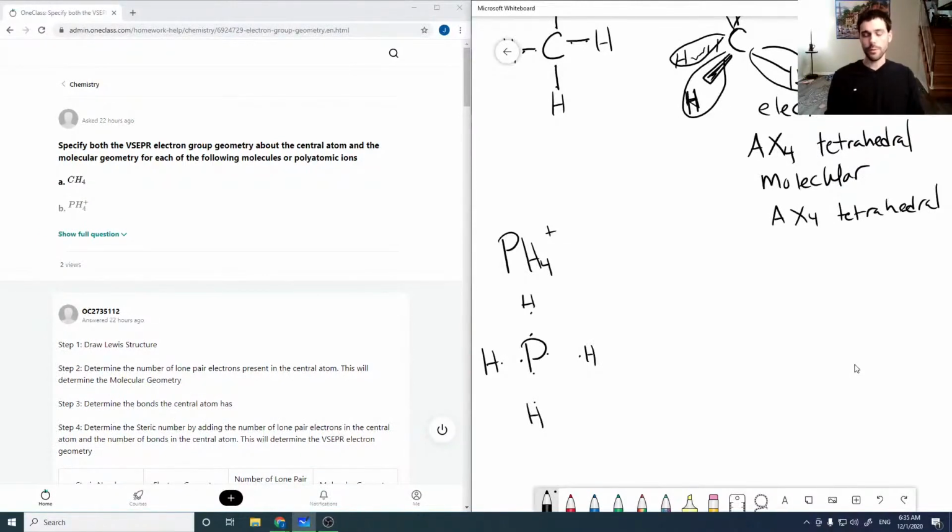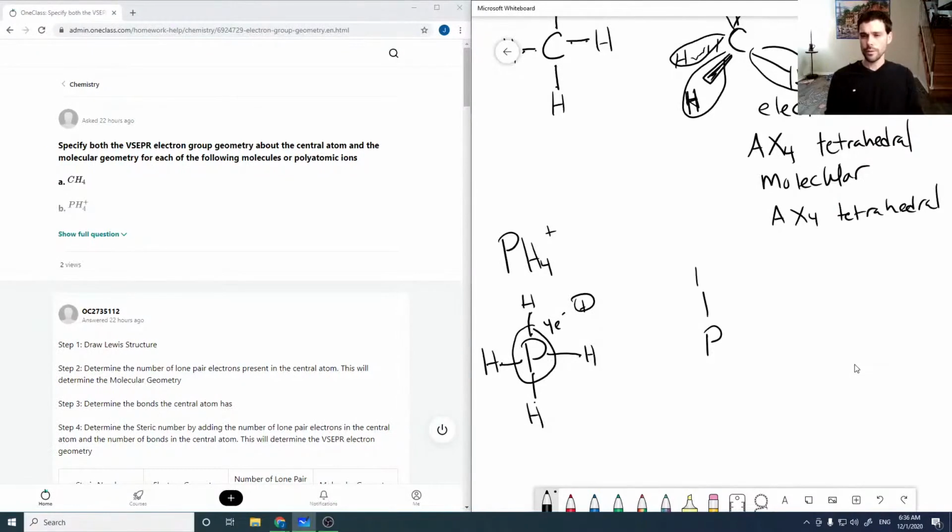So it's PH4 plus, so we're missing an electron somewhere. Phosphorus normally has 5, so right now it has 4. And that does give us nice bonding with octet rule satisfied. It normally wants 5, so that's a positive charge. So our positive charge is sitting on the phosphorus, and we have 4 bonded hydrogens.